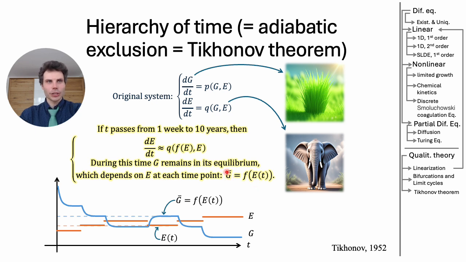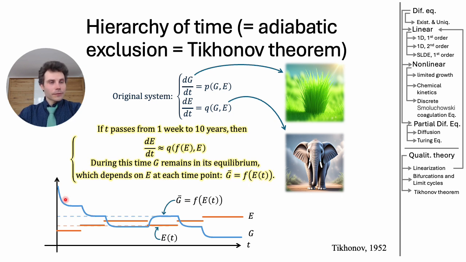So this G bar is the stationary state that the grass takes if the population of the elephants is not changing, and we can express it as G bar equals a certain function f of E of t.